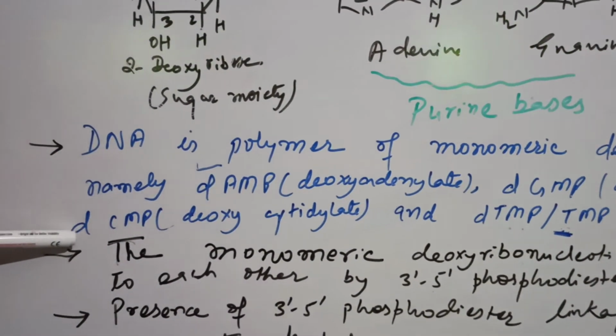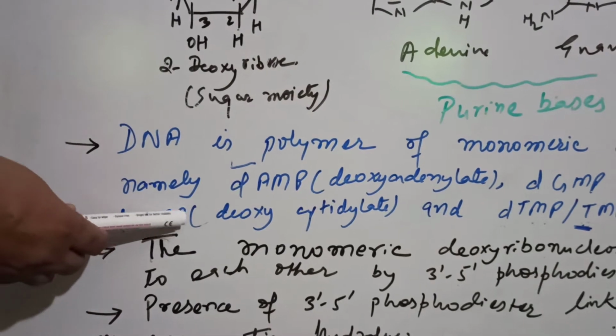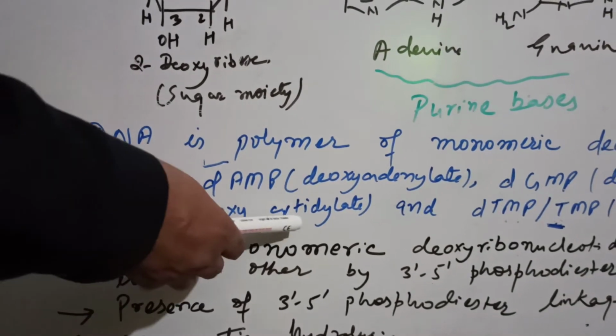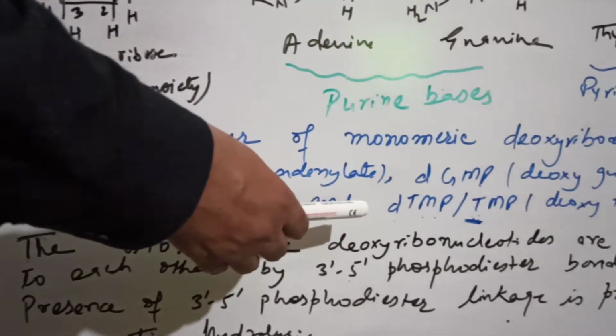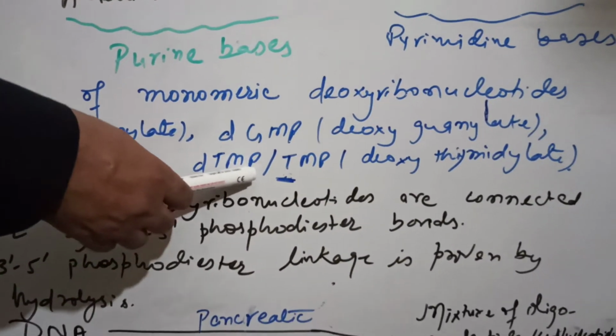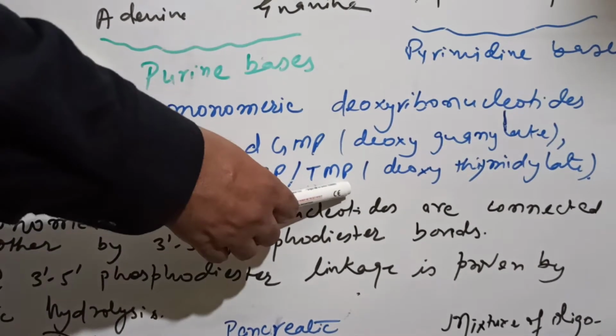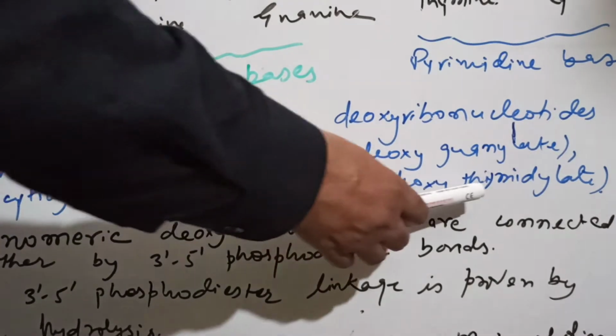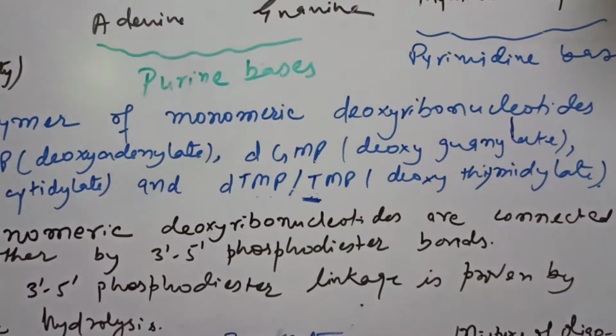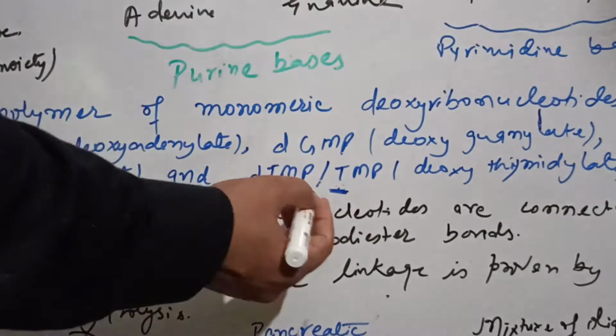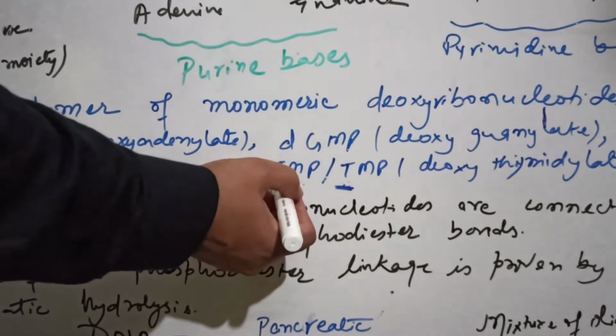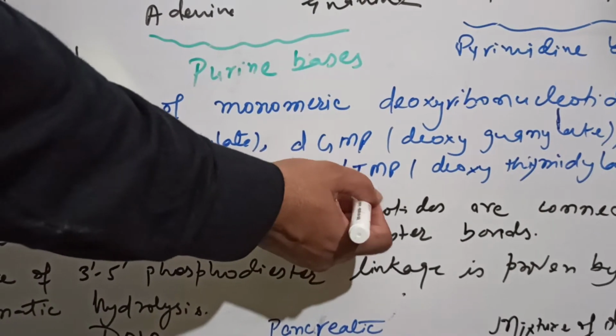Similarly, you have deoxycytidine monophosphate, also called deoxycytidylate, and deoxythymidine monophosphate or thymidine monophosphate, that is deoxythymidylate. Here you can see that you write either dTMP or TMP.